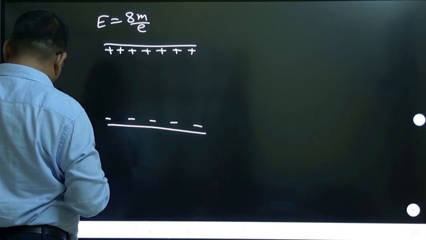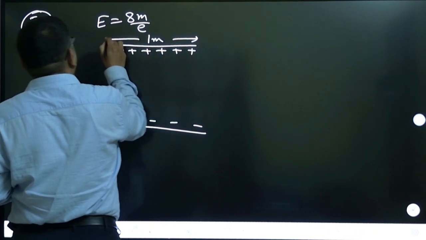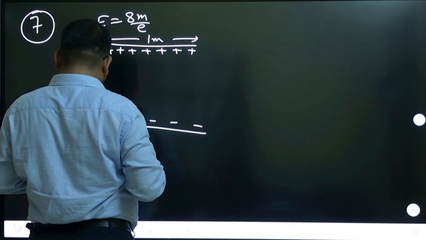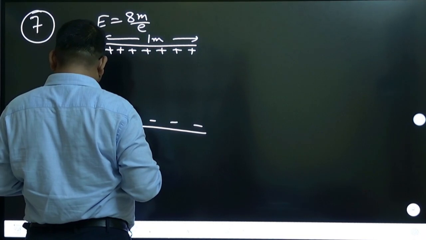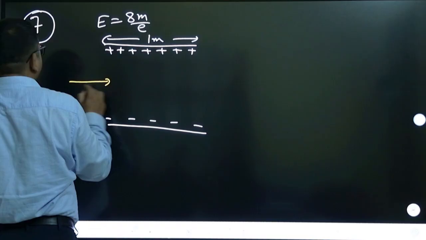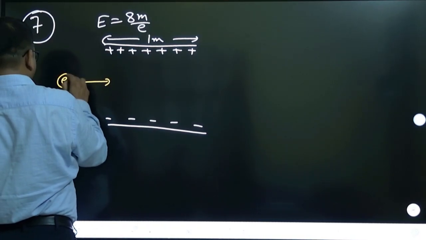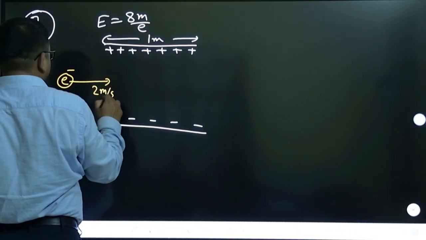One length is 1 meter as shown. An electron is entered symmetrically between the plates with a speed of 2. Symmetrically means the electron is entering exactly in between. This is an electron, negative charge, with a speed of 2 meter per second. It is going to enter.